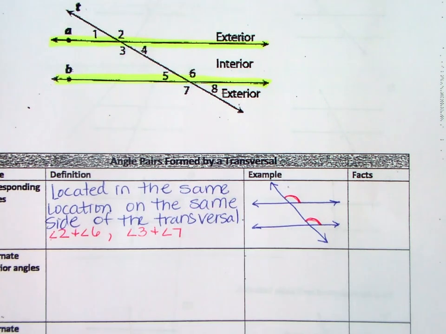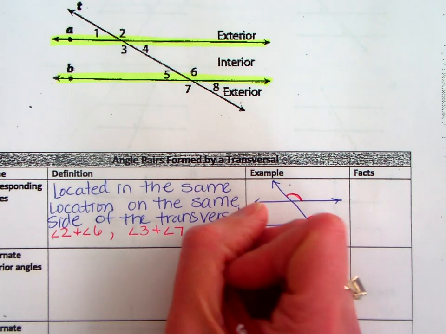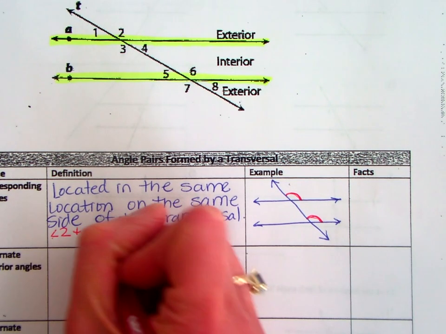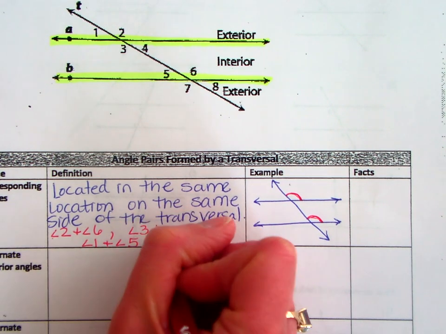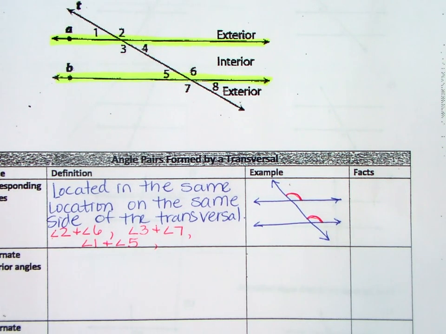Anyone see another set? Drake? Angle 1 and 5. Good. 1 and 5. Yep. And then there is one more pair. Joe? 4 and 8. Good. 4 and 8.